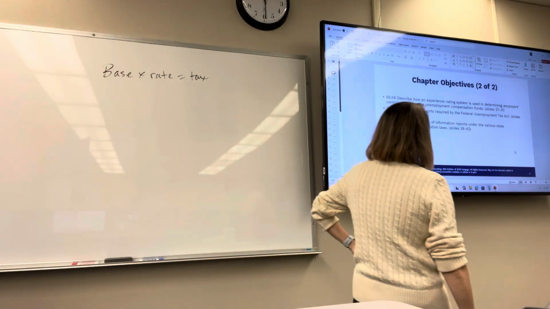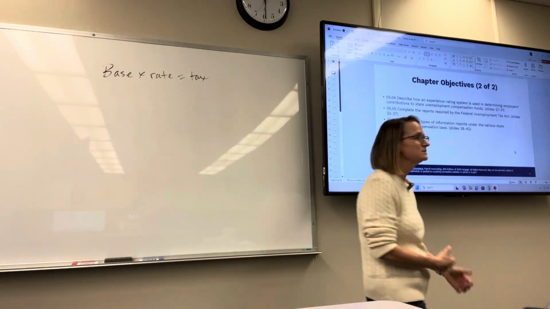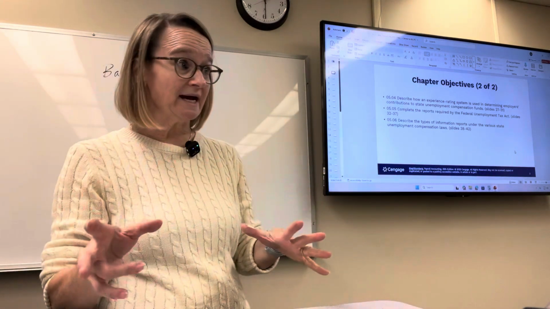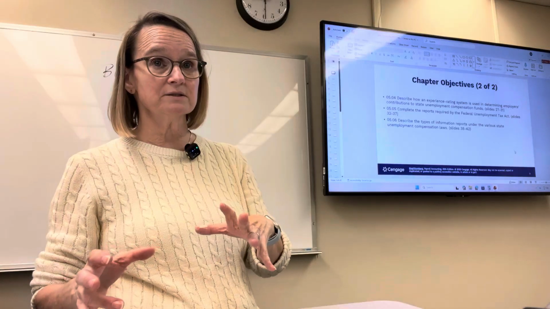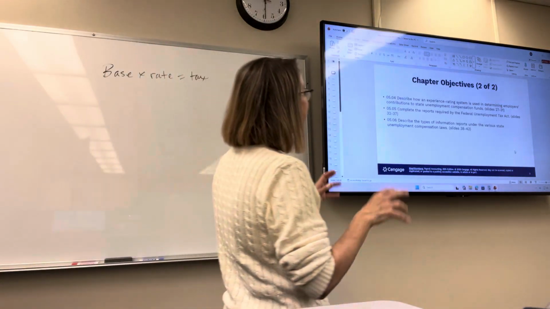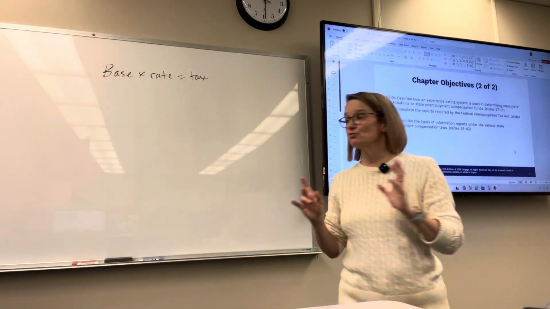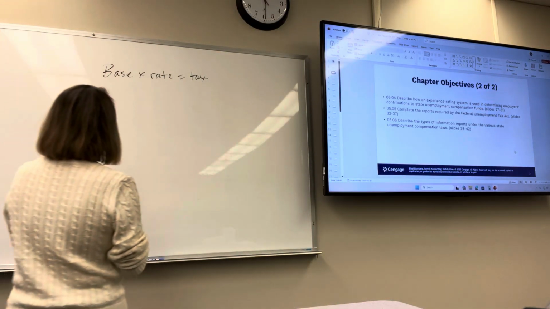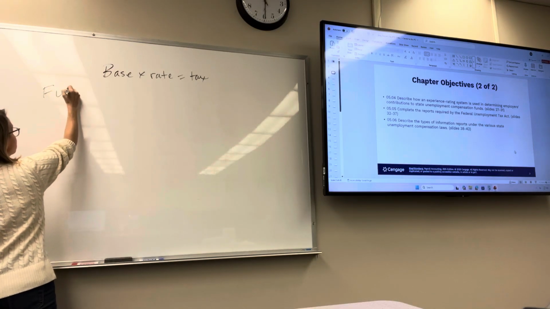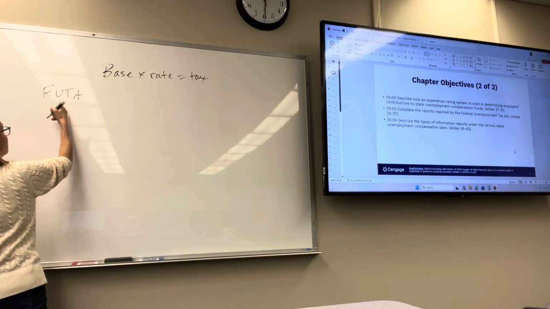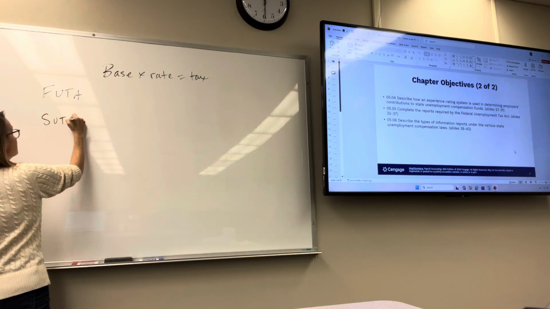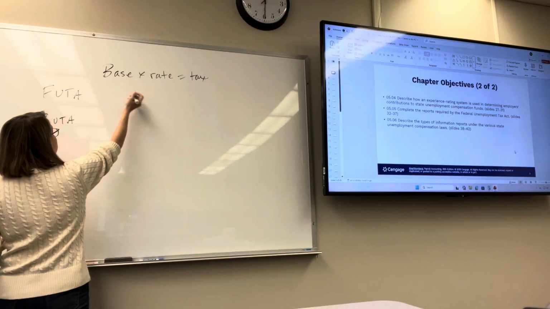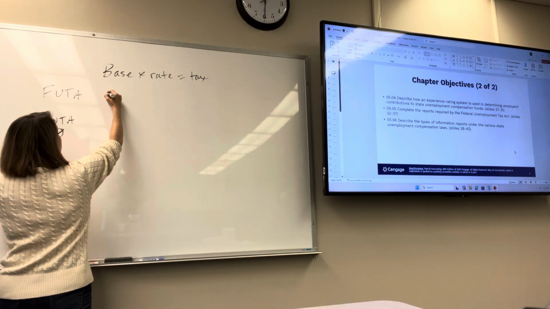We're going to talk about this experience rating system. This is what we use when determining SUTA tax rates. So we've got two taxes here, right? We've got federal unemployment tax and we've got state unemployment tax. State unemployment tax rates are a little bit more complex. For FUTA purposes, and you'll hear me say FUTA and SUTA, Federal Unemployment Tax Act, State Unemployment Tax Act, our base is pretty much constant.